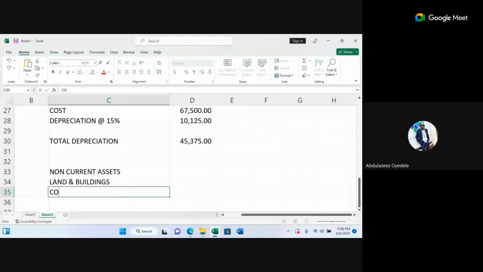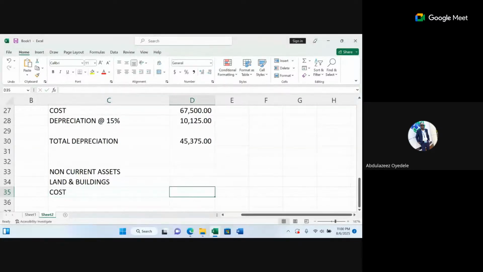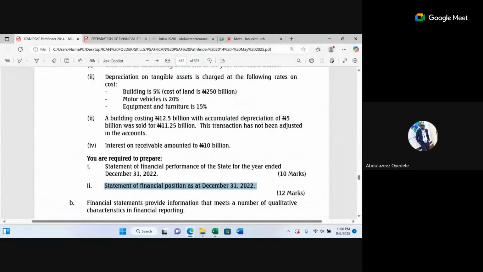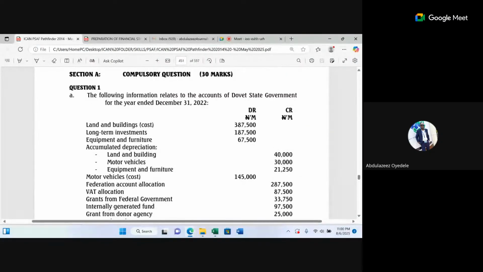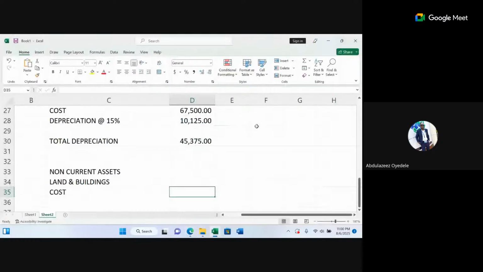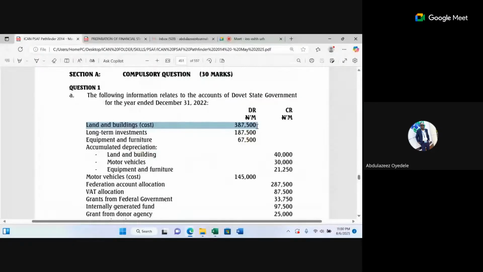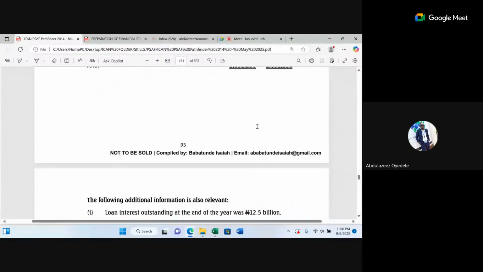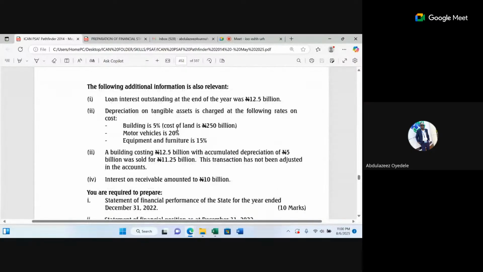So the cost of the land and building, according to what we are given in the question, is 387,500 for land and building. Okay, so if the cost is 387,500, and we are told that during the year there was a disposal of a particular building that cost them how much? 12.5 billion.